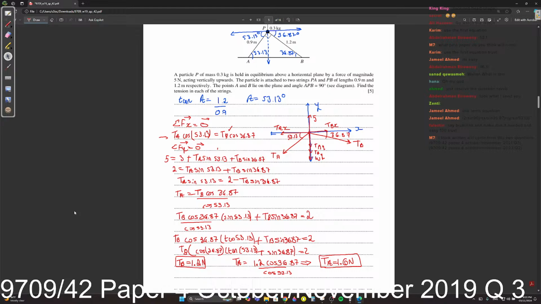You can use Lami's theorem as well if you were taught it. Google it. Apparently, it gets you the same thing. I don't think anybody understood, so if you watch back the recording, just watch the way I solved it the second time.